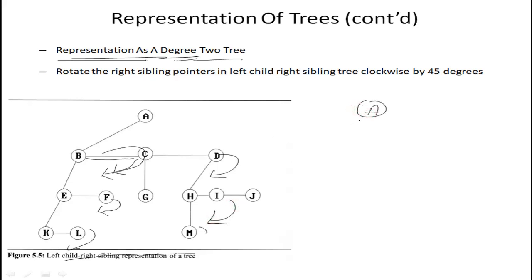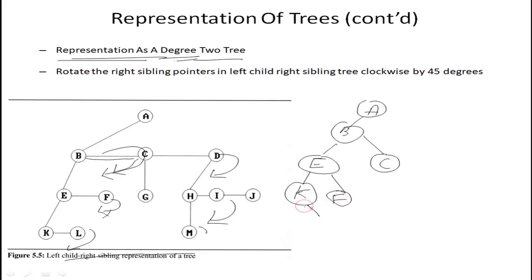There will be a root node which is A. B, E and K will be as they are. C has to be rotated by 45 degrees, so instead of this place, it is going to come here. F was here, it is rotated, so it comes here.